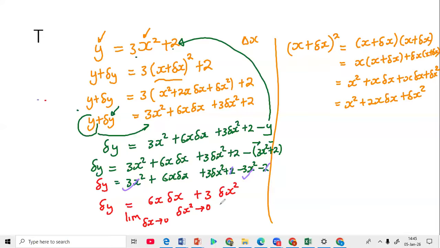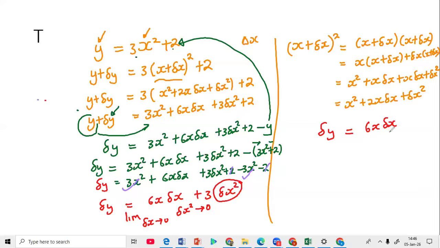When you have a very small number and you square it, still you get a very small number. So that's why we say it is approximately equal to 0. That means that the whole of this is going to go away, so you remain with 0. So that means that our change in y will equal 6x change in x.